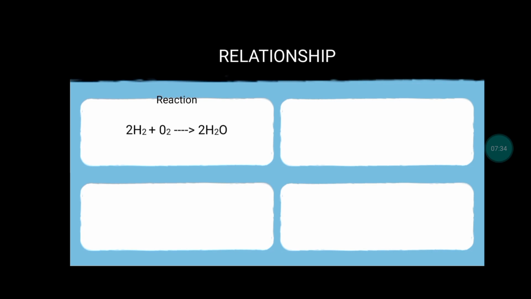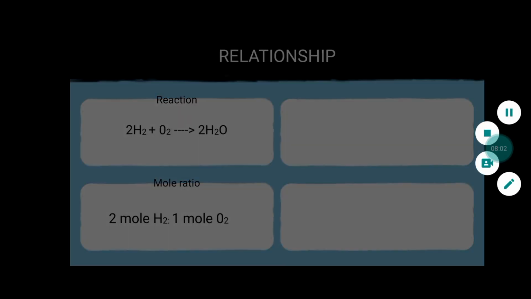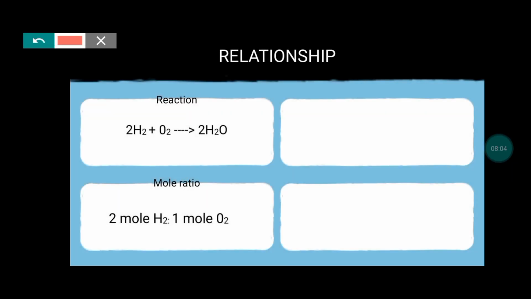So, in doing stoichiometric calculation, let us start with identifying ratios. In this particular reaction, we can have 3 mole ratios. So, what are these 3 mole ratios? 2 moles of hydrogen is needed to react with 1 mole of oxygen. Makikita natin dun sa balanced reaction natin.